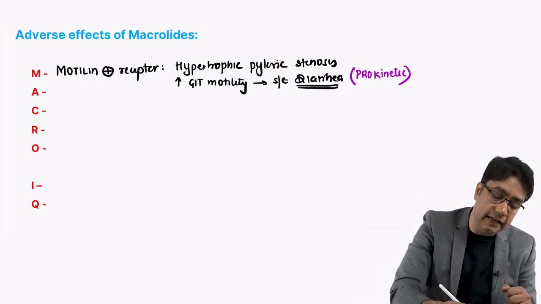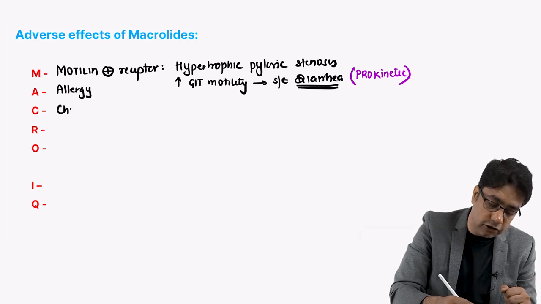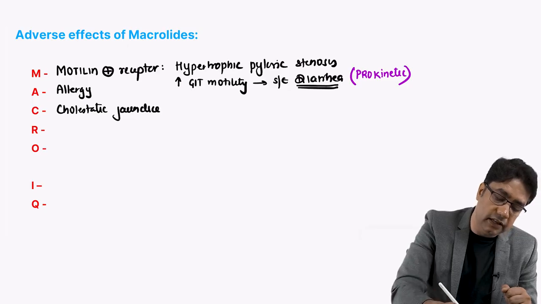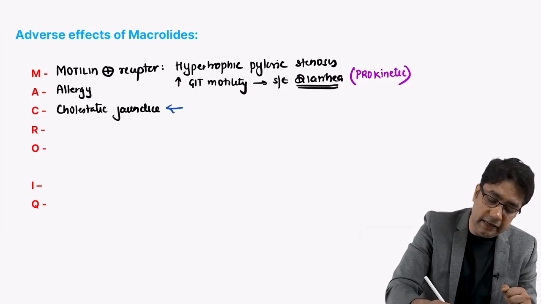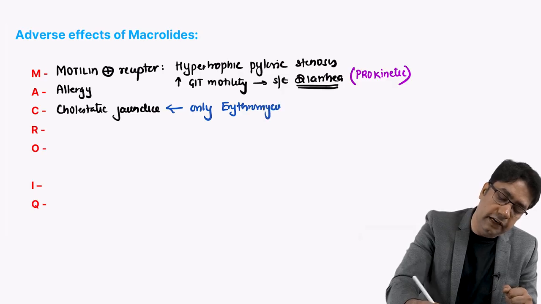A is for they can cause allergy. C is for they can cause cholestatic jaundice. Now this cholestatic jaundice is not seen with all macrolides; it is only seen with erythromycin estolate.